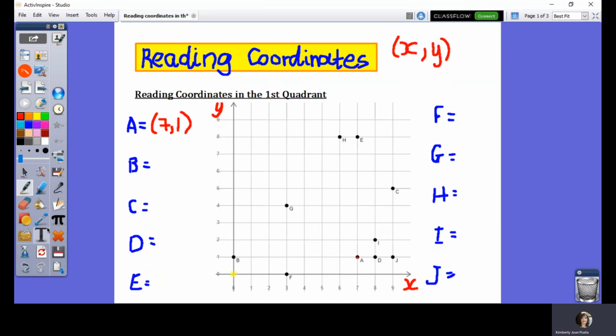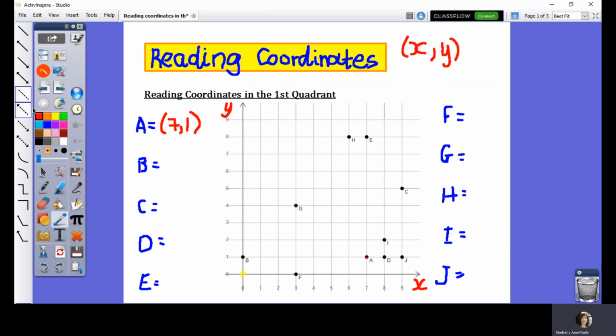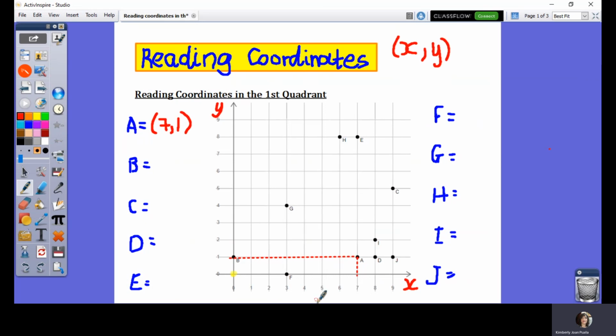In order to check your position, you can always draw simple dotted lines. From the point, draw a dotted line touching the x-axis, and from the point again draw another dotted line touching the y-axis. That should help you understand and read your coordinate properly.